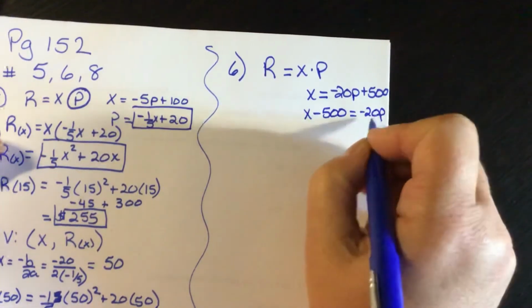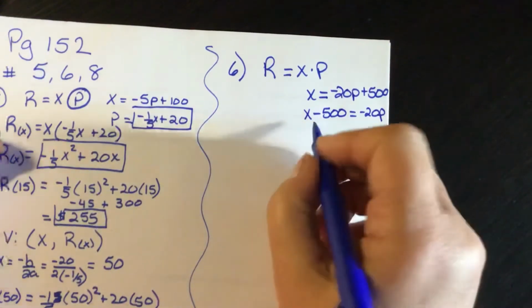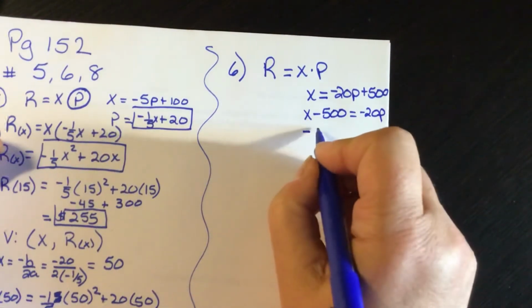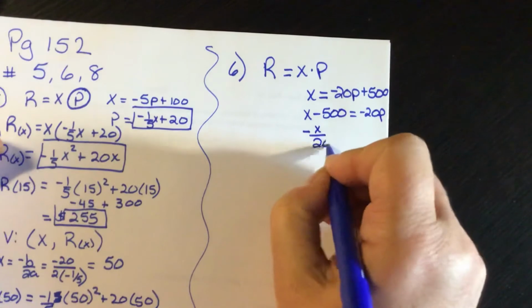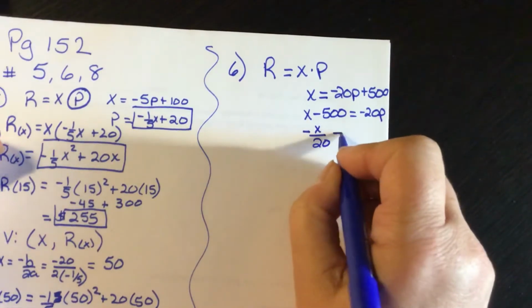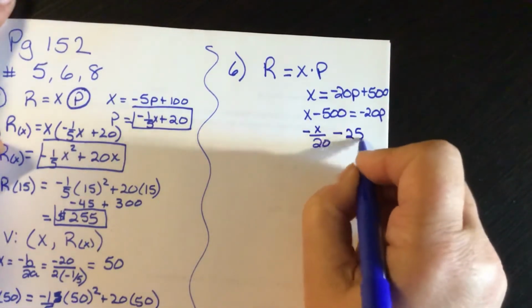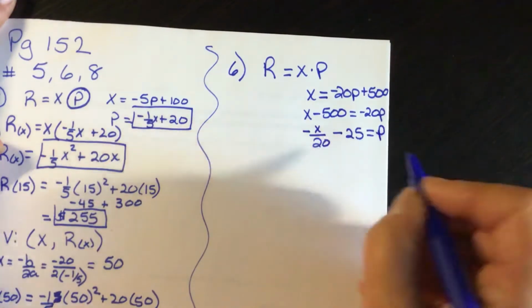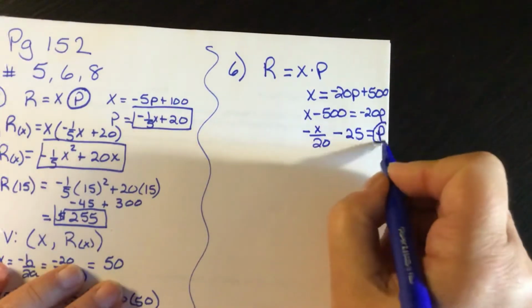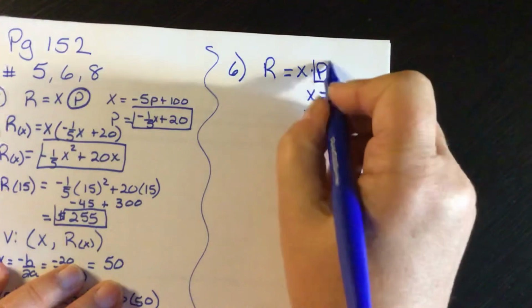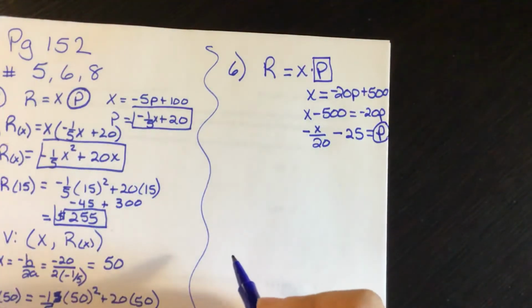And then I'm going to divide both sides by negative 20. So this is negative X divided by 20 minus 25. And that's what P is. And now I'm going to take this value for P and put it into this equation.